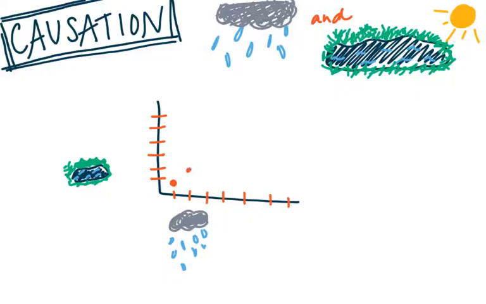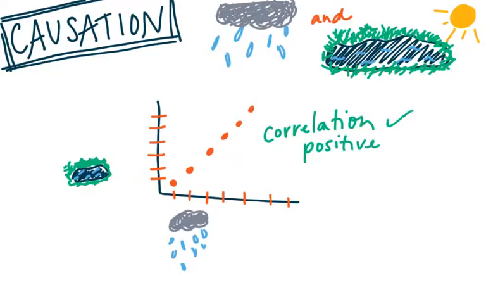But as rain increases, as this x-axis is increasing, my lake water level is also increasing. So this has a correlation. This is a positive correlation. It's going up. It's positive. So there is correlation here because there's a pattern. As it rains, the lake water is increasing.